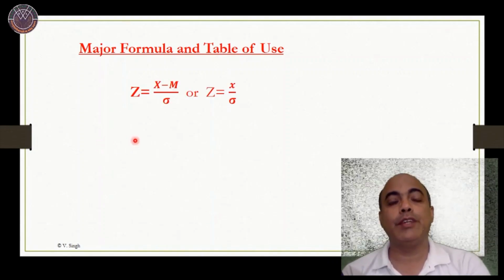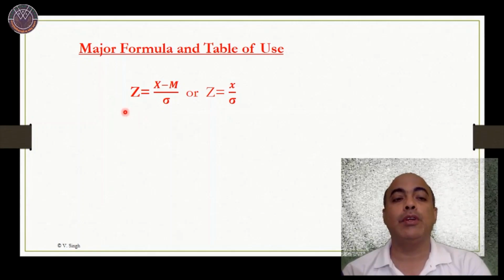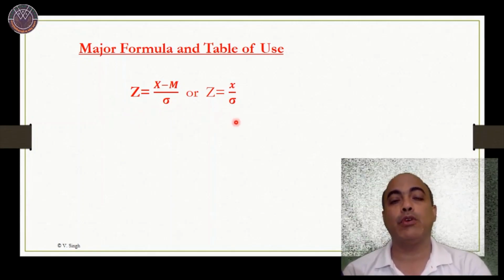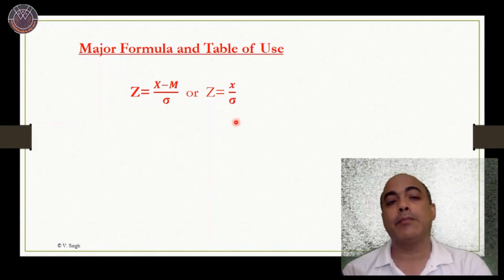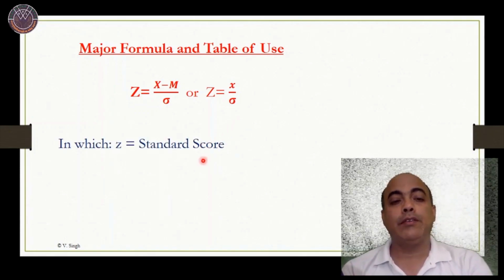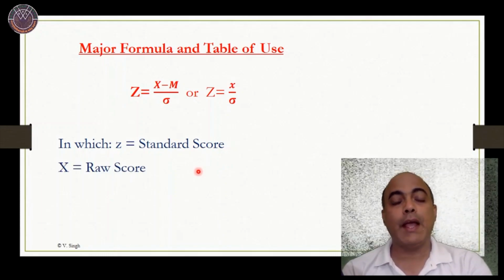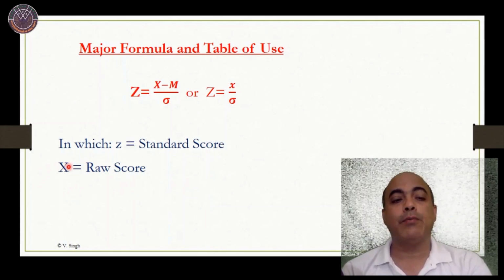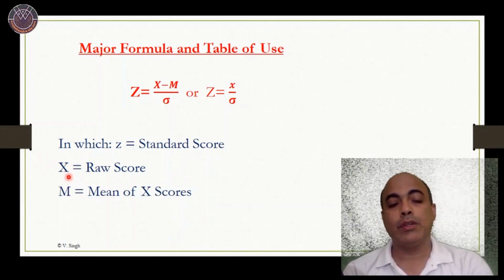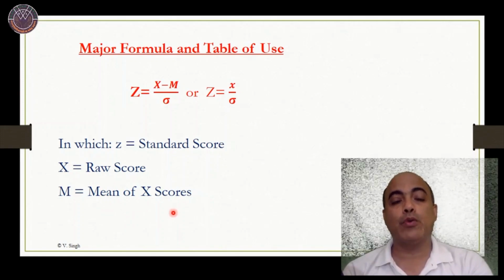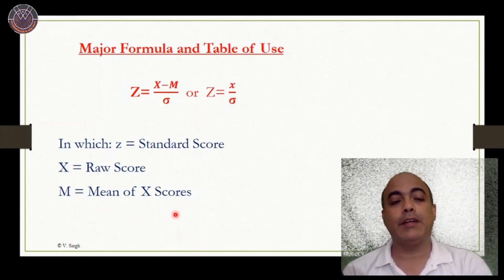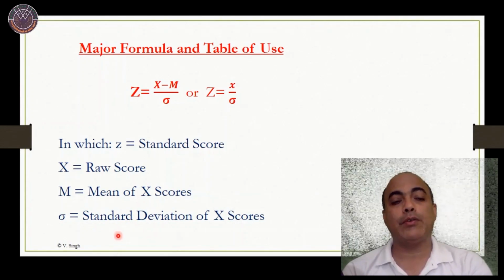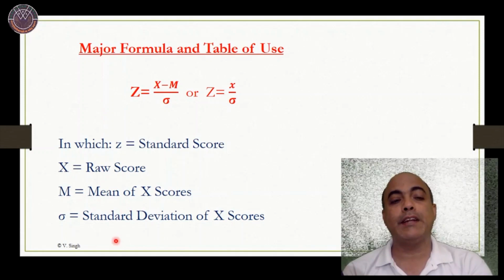In this formula, Z equals (X minus M) by sigma, or Z equals small x by sigma, where small x is capital X minus M. Here Z is the standard score, X is the raw score, whatever data we have collected. M is the mean of the X scores, and sigma is the standard deviation of the X scores. By putting these values, we can get the Z score.